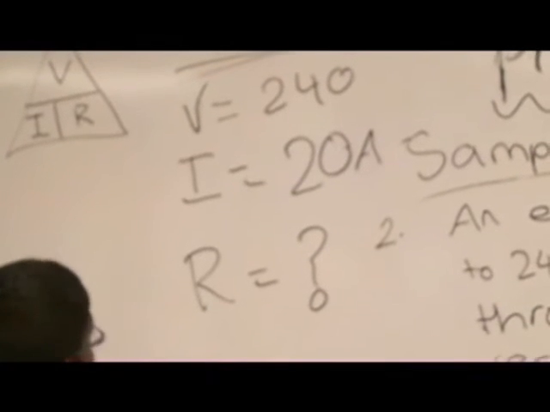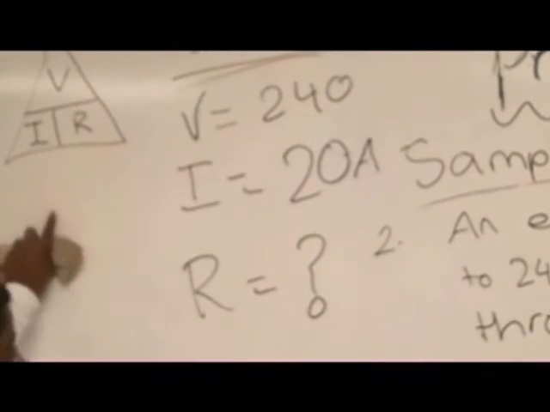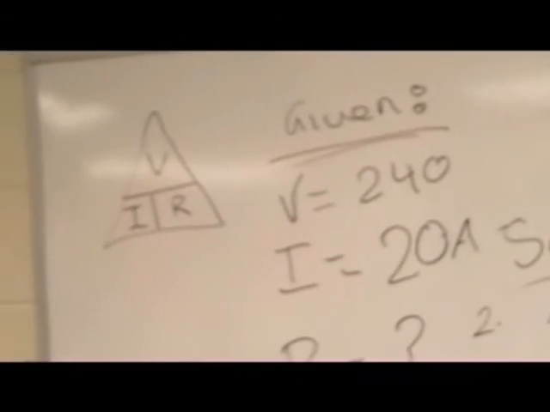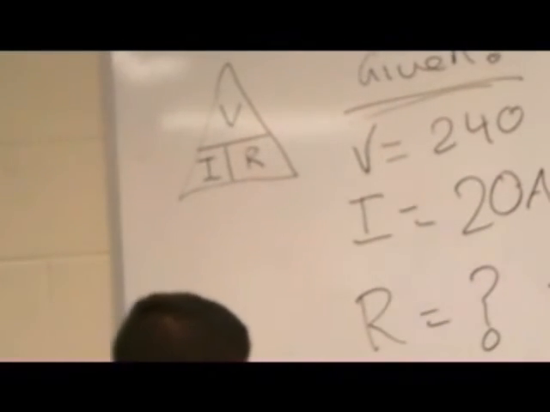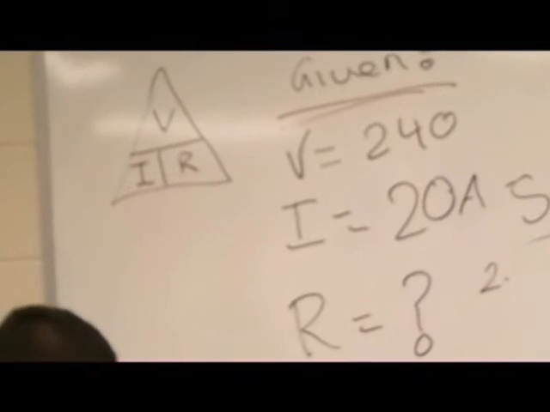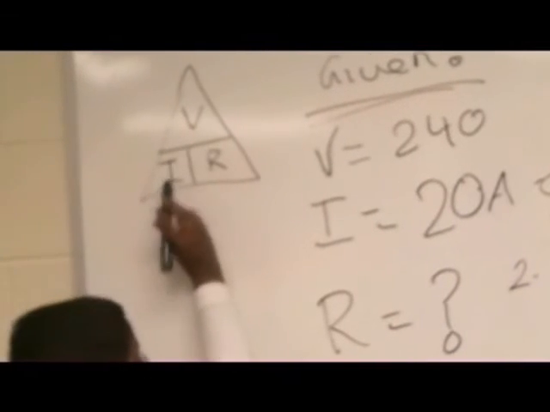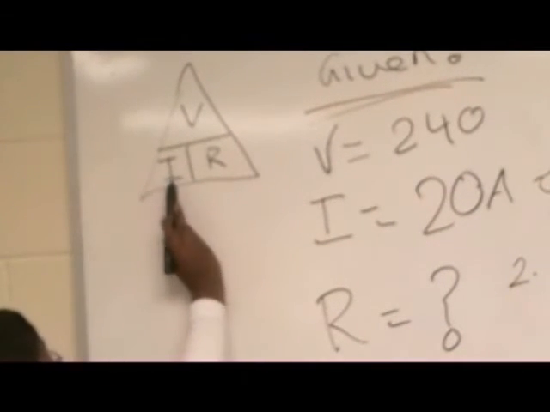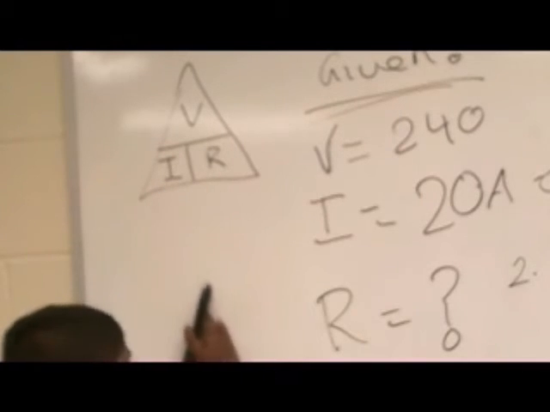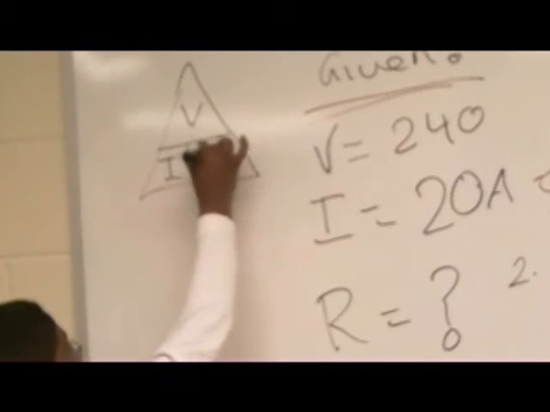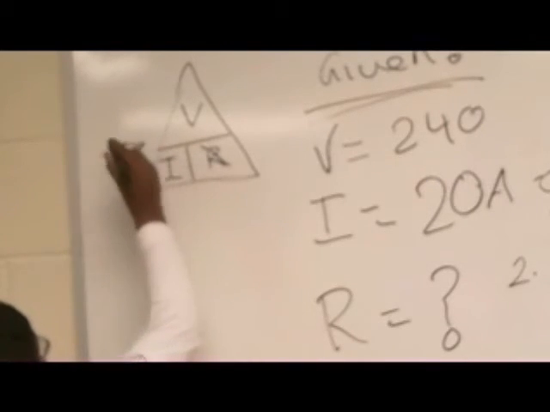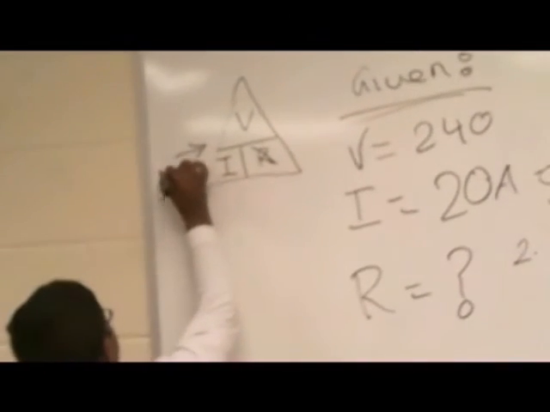To solve this using the Ohm's triangle, we can solve it very easily. We have the voltage and we have the current. So to find resistance, we simply divide voltage by current.